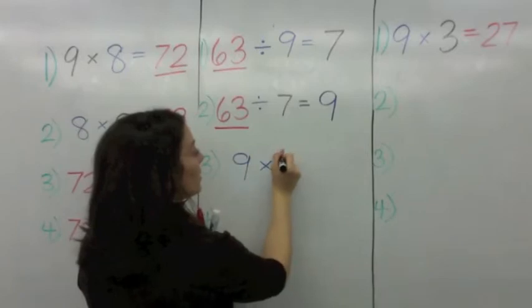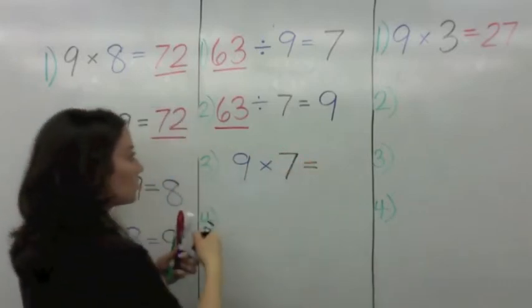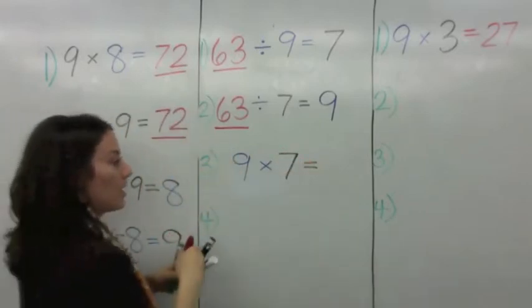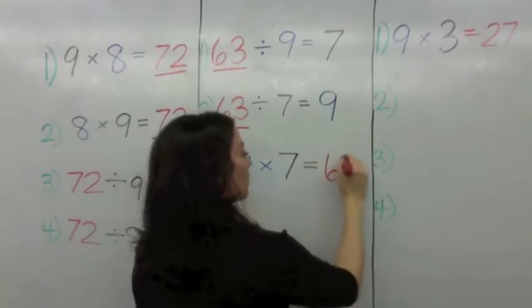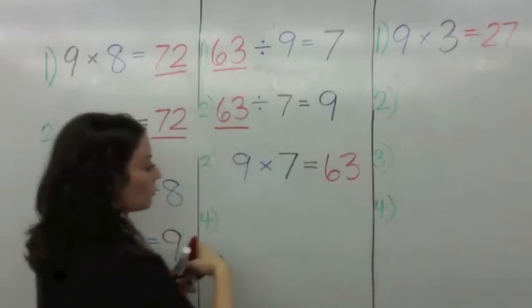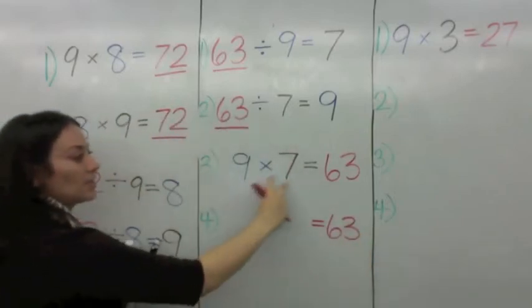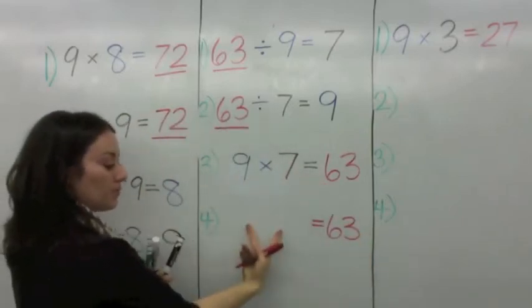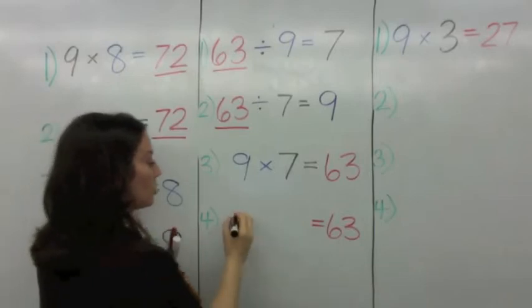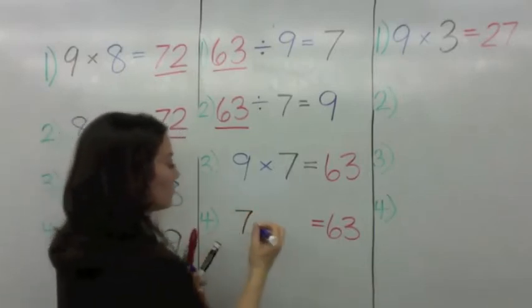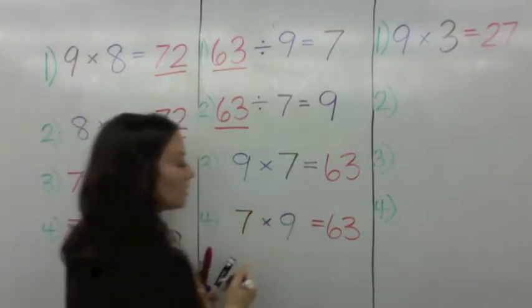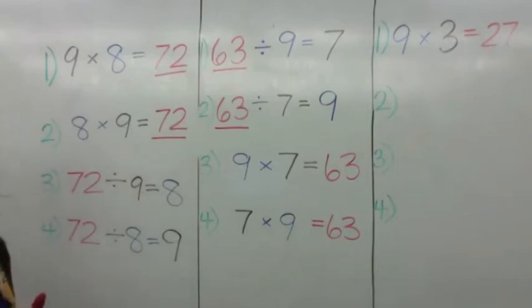Now what is 9 times 7 again? It is 63. Very good. So 9 times 7 is 63. What happens when you flip those numbers? You're going to get 7 times 9 is 63. Very good. Go ahead and get that down.